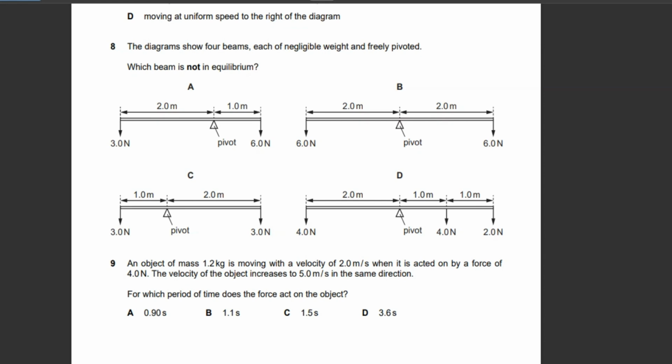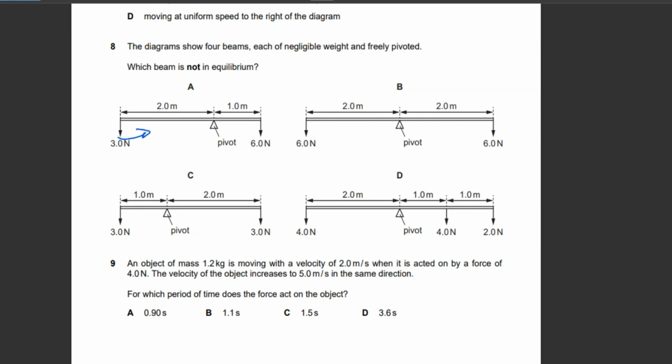So we need to remember that for a beam like this to be in equilibrium, resultant moment must be 0 and resultant force must be 0. So I want to believe that the resultant force is actually 0 for it to be balanced. So the only thing we need to check now is if the resultant moment is 0. So how do we do that?